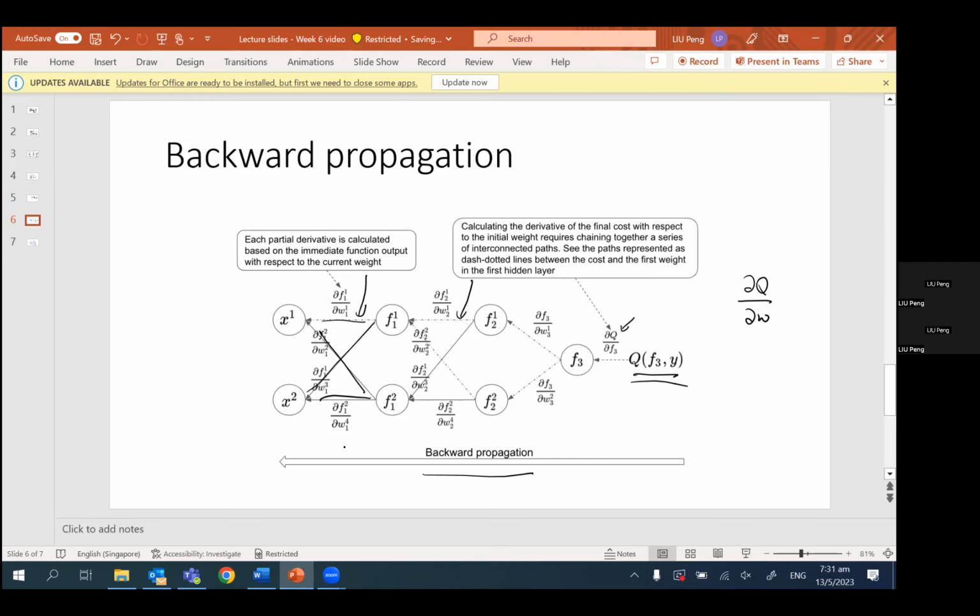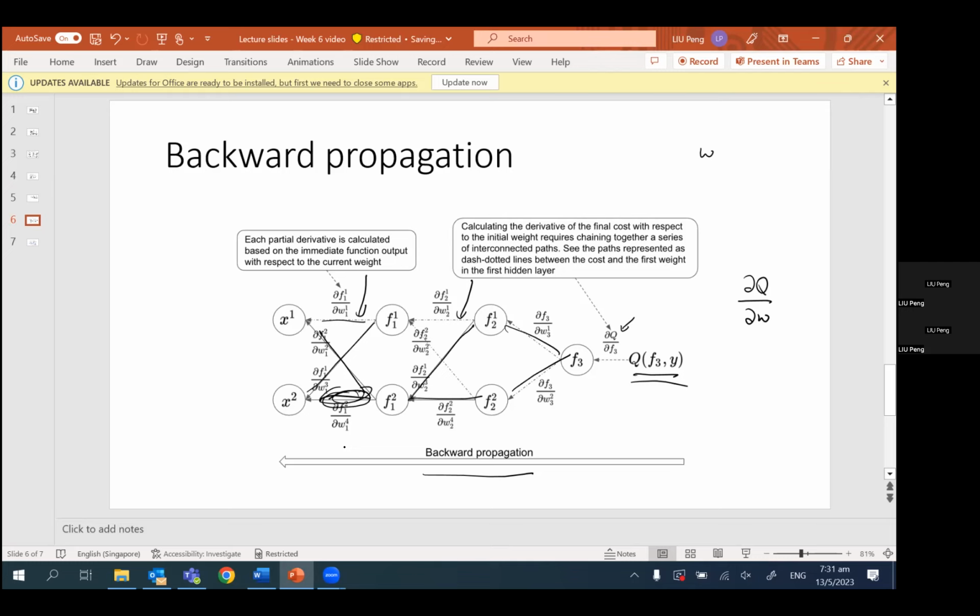So for example, if you want to calculate the derivative for this weight, then we need to go through a lot of intermediate functions. This weight is connected to this one, and then this one. In other words, we are calculating the derivative of one function of one entity.